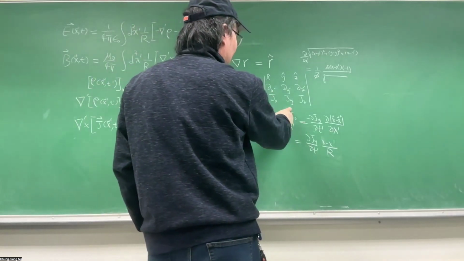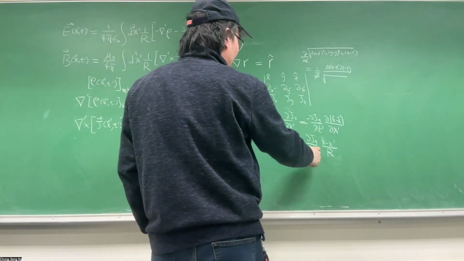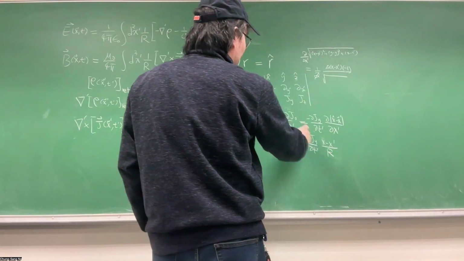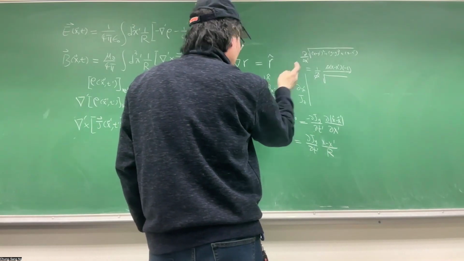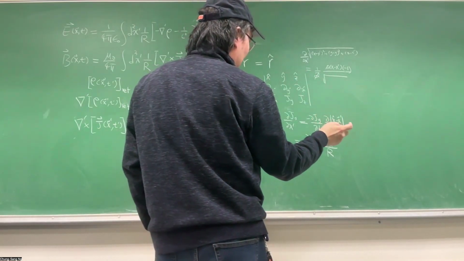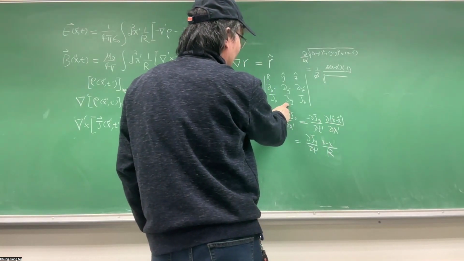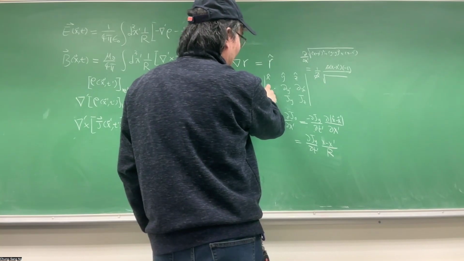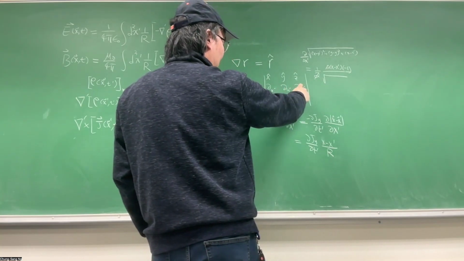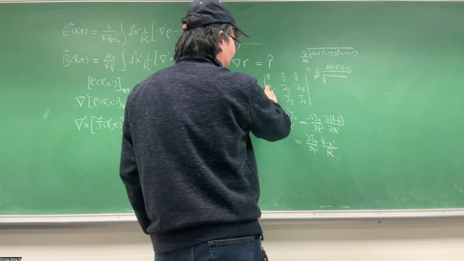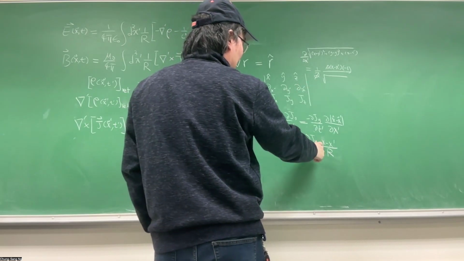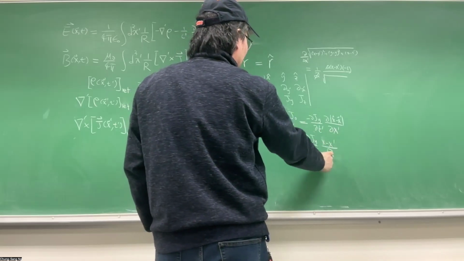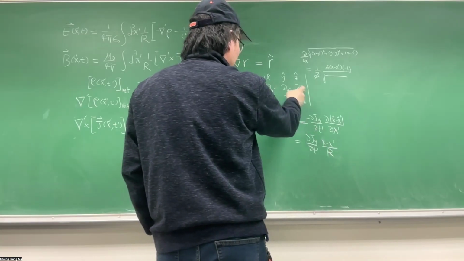So each of these derivatives actually changes to the time derivative, and instead of taking the derivative, your component is divided by R. So this becomes x minus x prime, this becomes y minus y prime, this becomes z minus z prime. So basically this is the R unit vector. We calculate all the components.